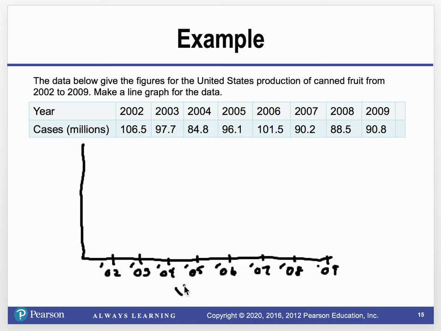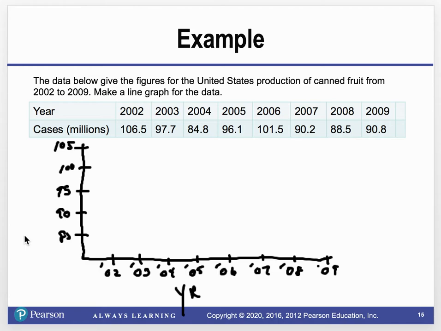Okay, so this is year. If we were actually creating it, we need to make sure we label our axis. So this is cases in millions. 106 looks like my high, there's an 84, so maybe I'm going to say 85, 90, 95, 100, 105.